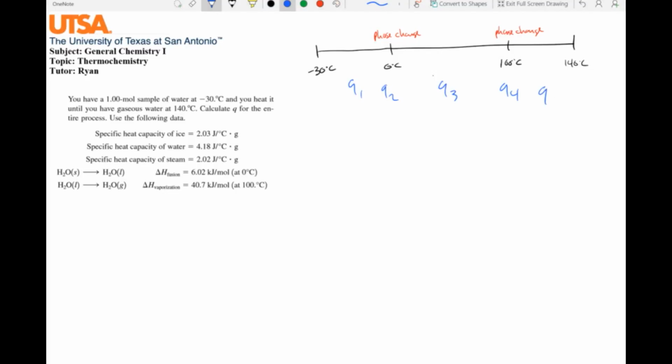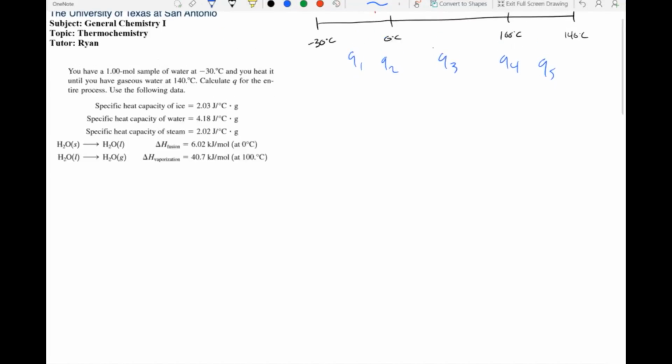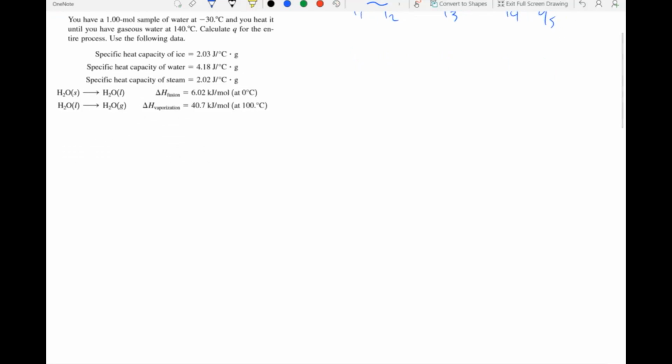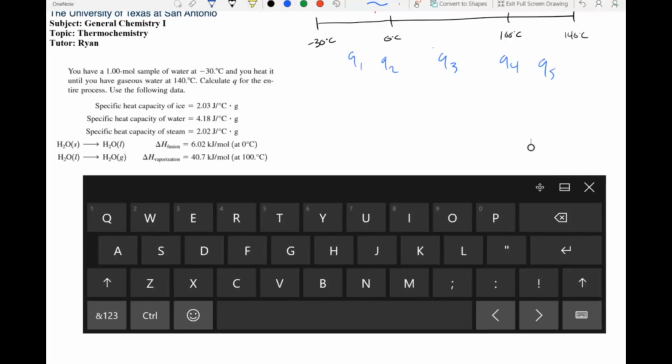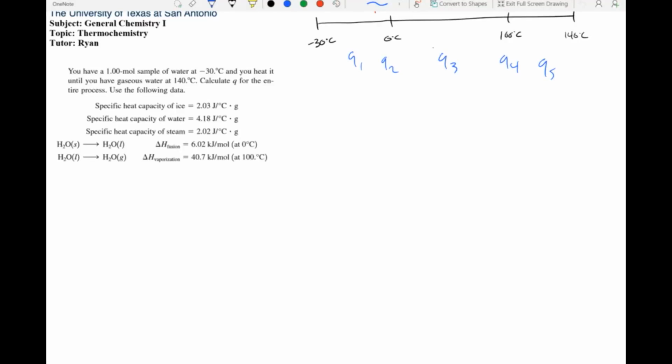And then Q5, that's going from 100 degrees Celsius to 140 degrees Celsius, which is our final temperature in this problem. So it wants us to calculate the Q for the entire process. That's just going to be the sum of all these Q's that we're going to solve individually.